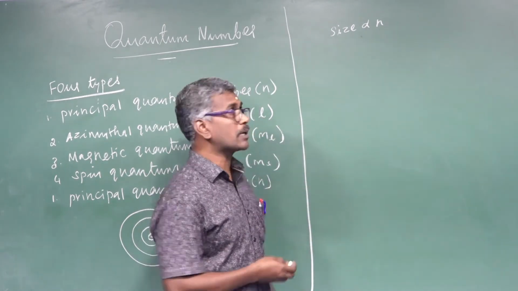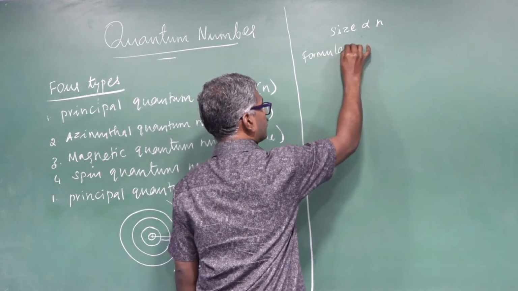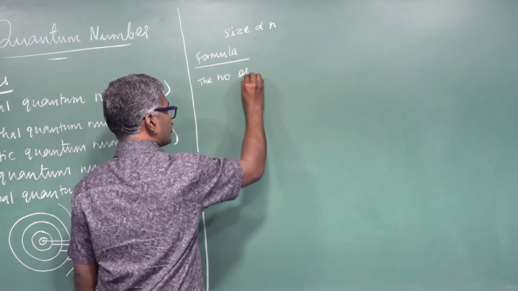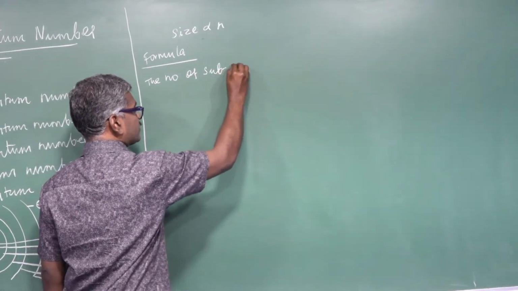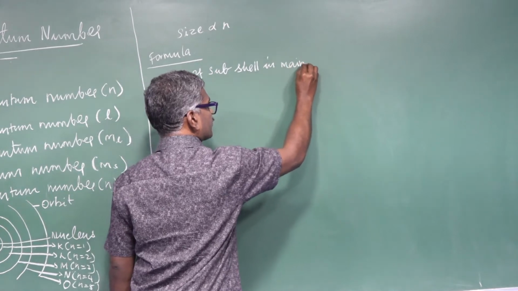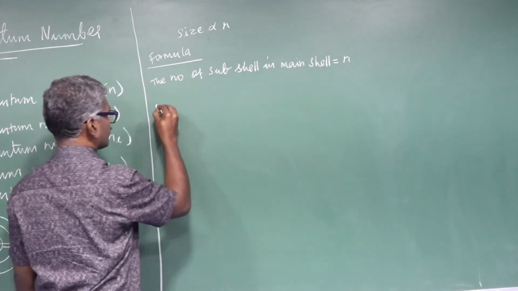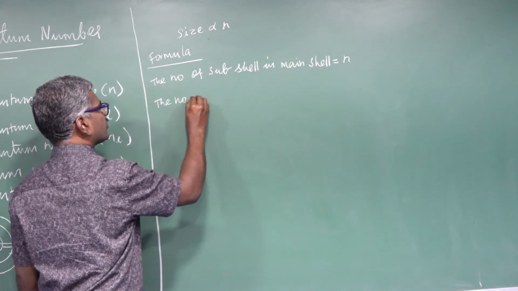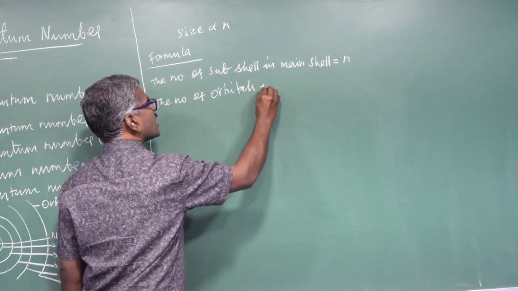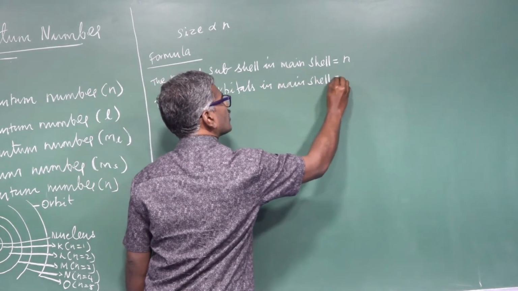This is covered by the formulas. The number of subshells in the main shell is equal to n. The number of orbitals in the main shell is n square.